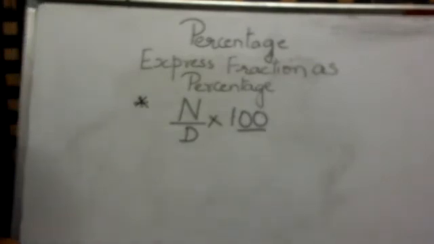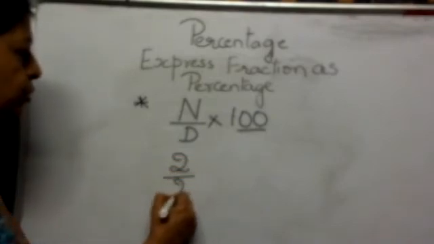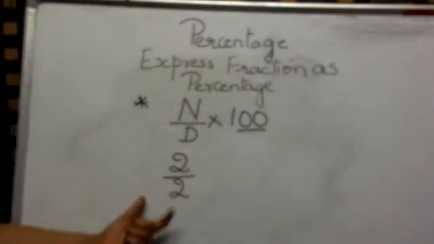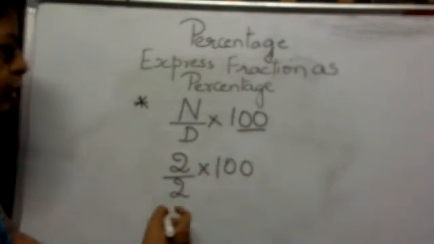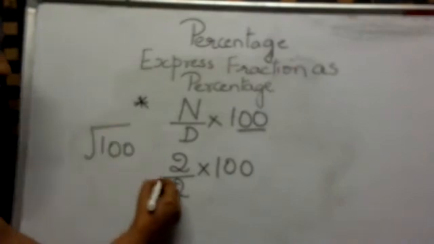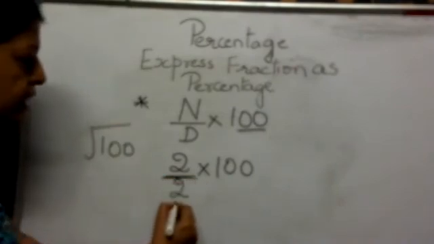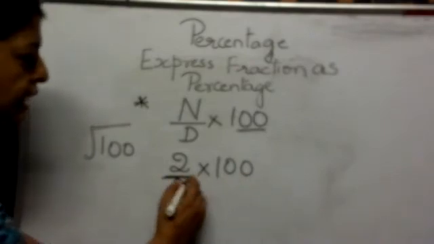Now, if you take another number, if it is a whole number like 2 by 2, we know 2 by 2 is a whole number, 2. But you want to express it as a percentage. So, 100 divided by 2. I always said this line, where the number line is there, this is a division.